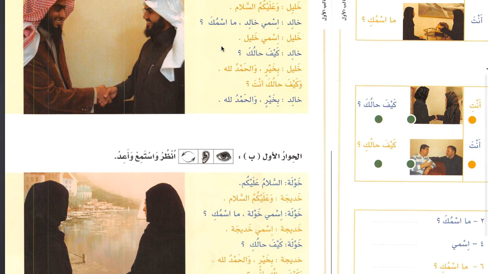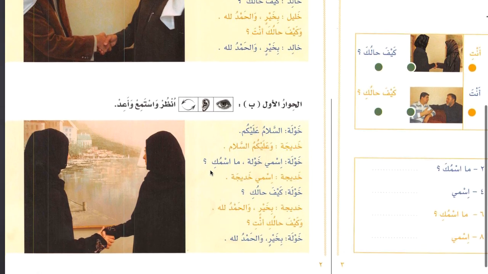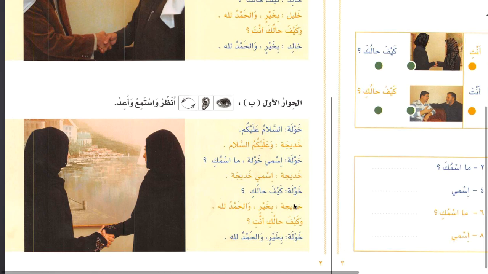Between males, you say Masmuka. If your interlocutor is female, then you have to say ki: Masmuki? What is your name? And Khadijah will answer, Ismi Khadijah. My name is Khadijah. Very great, mashallah.